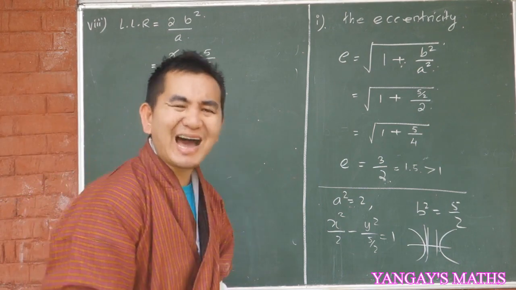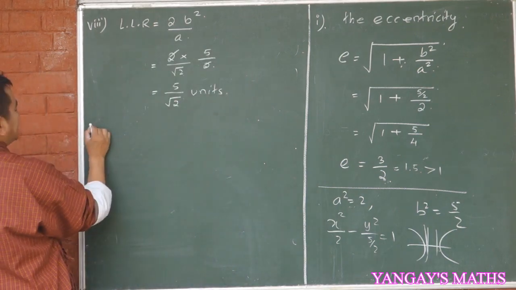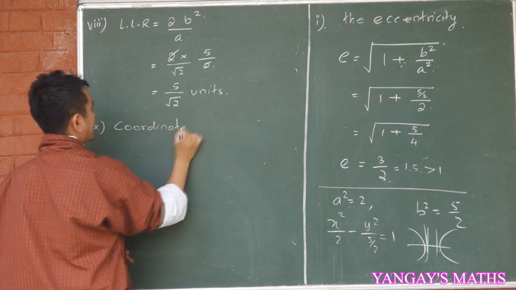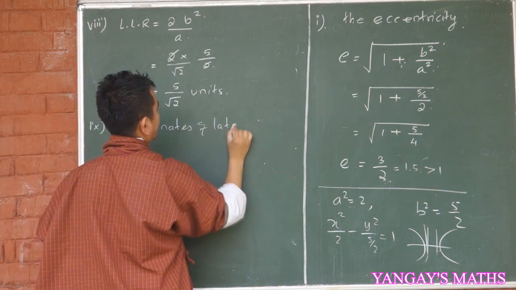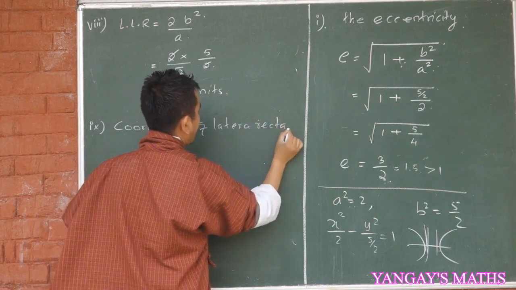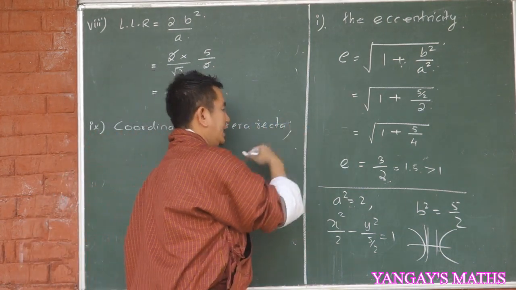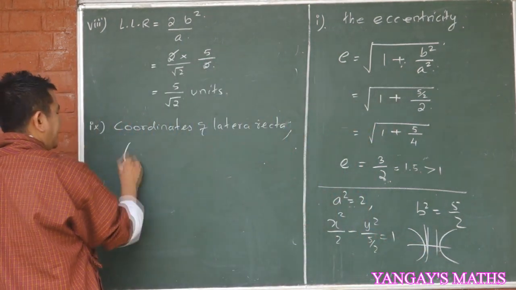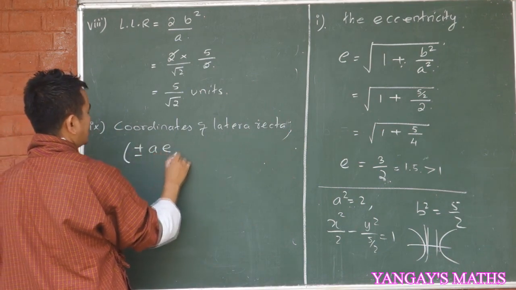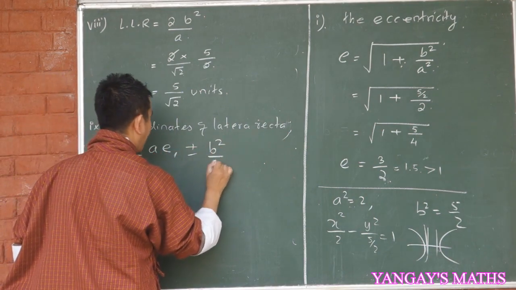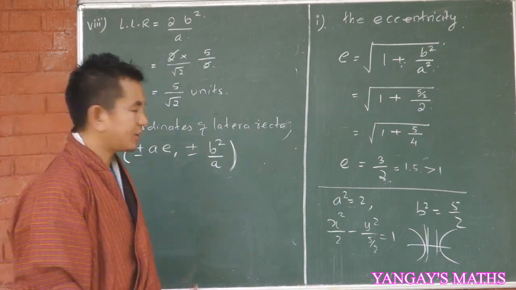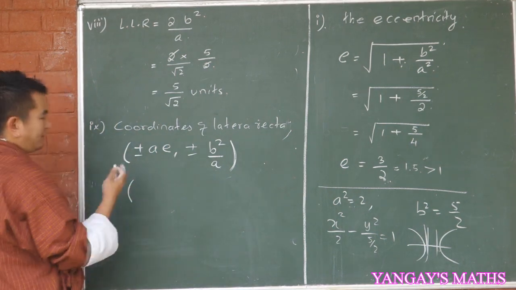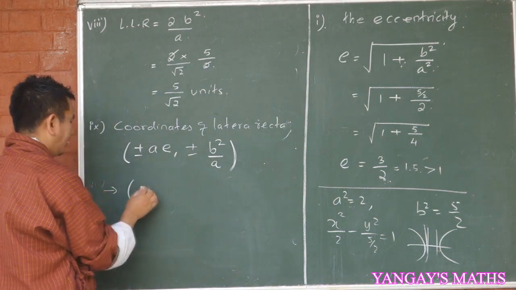So now, last one, we'll go with the coordinates of lateral recta. The focus lies on the x-axis. So you know the coordinates of lateral recta will be plus or minus AE, comma, plus or minus B square by A. Have you got it? You should be thorough. It is similar to that of the ellipse. Let me calculate.